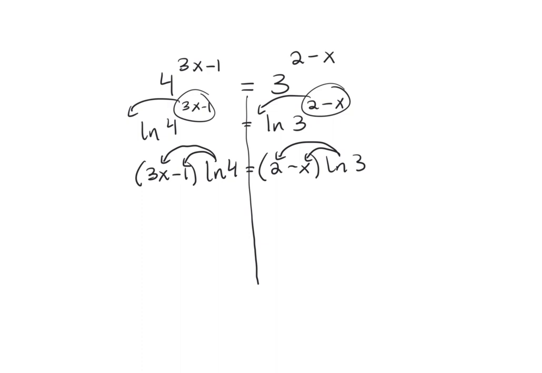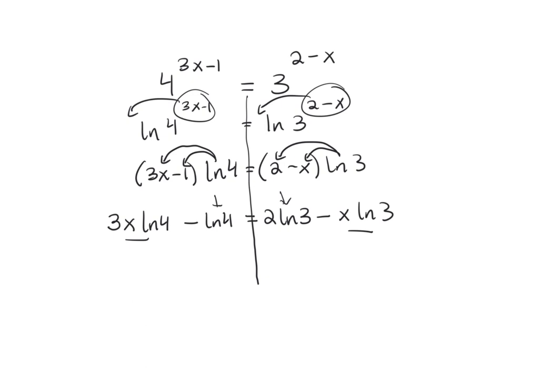So this will be 3x natural log of 4 minus natural log of 4 equals 2 times the natural log of 3 minus x natural log of 3. So our goal is to solve for x. So let's get the terms with x on the same side and then the terms without x on the same side.